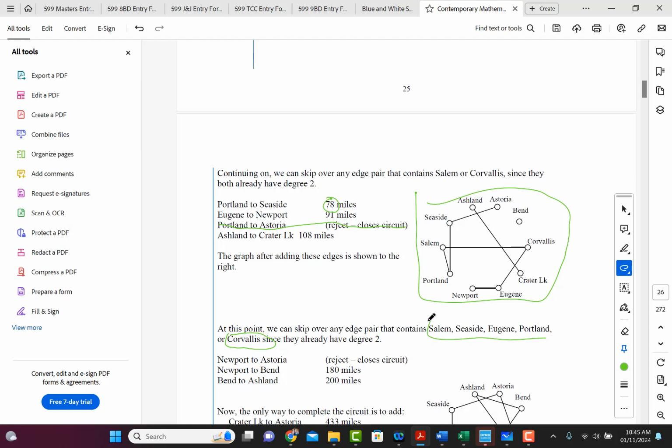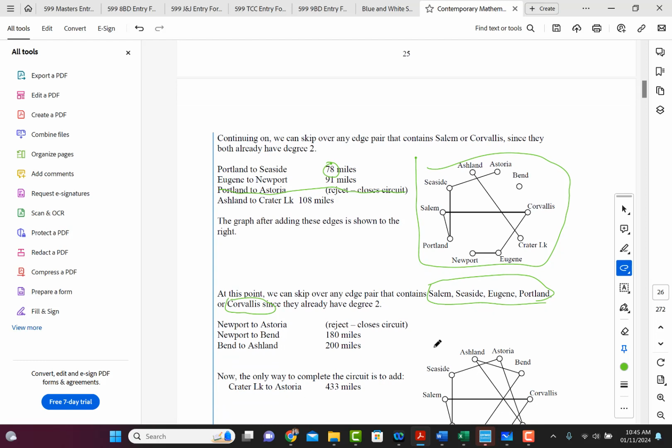So we can skip over those. So now, what do we do? Well, we look at the other pairs that exclude those. So now we look at Newport to Astoria, Newport to Bend, Bend to Ashland. Okay. So now those are the ones we have.